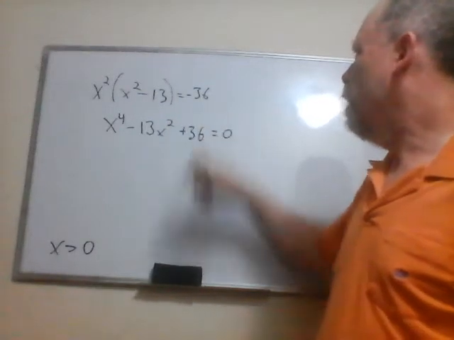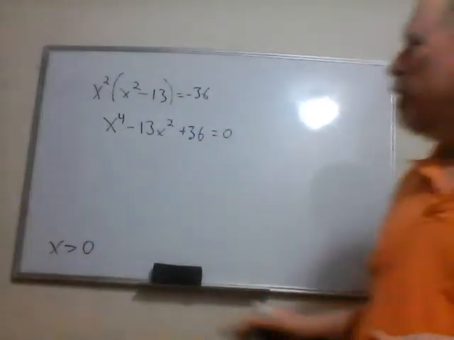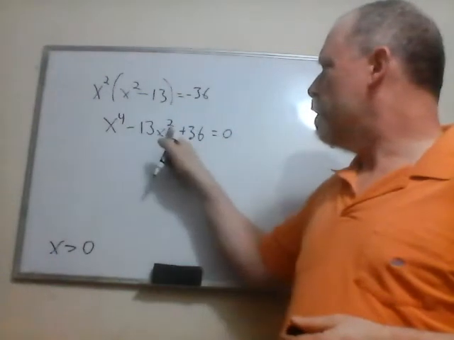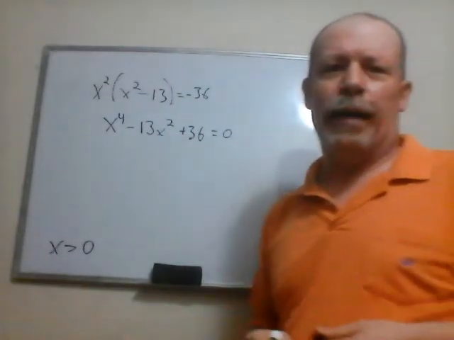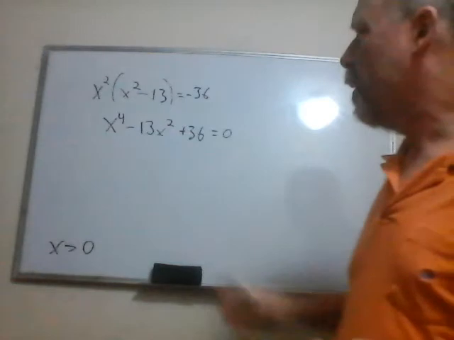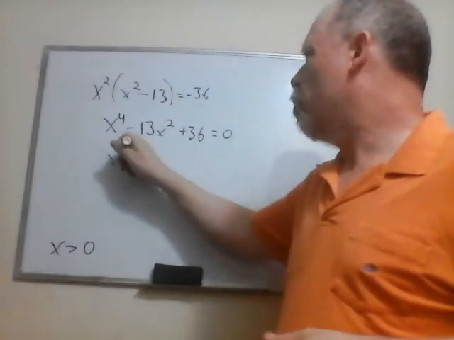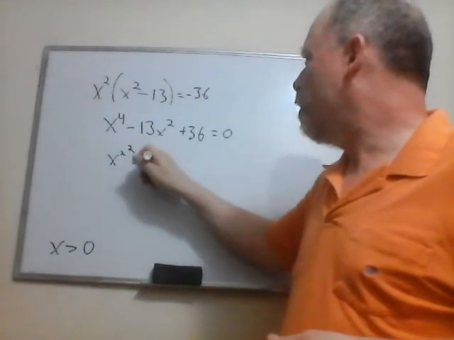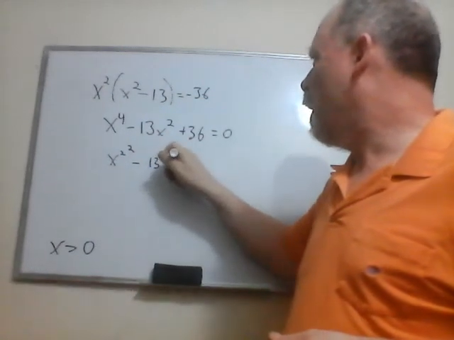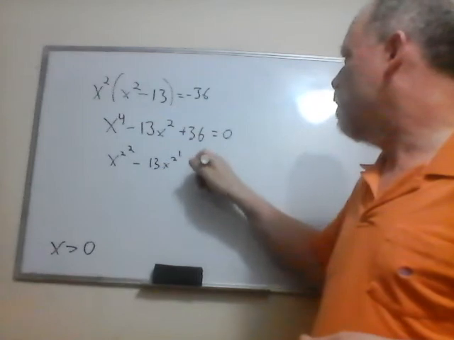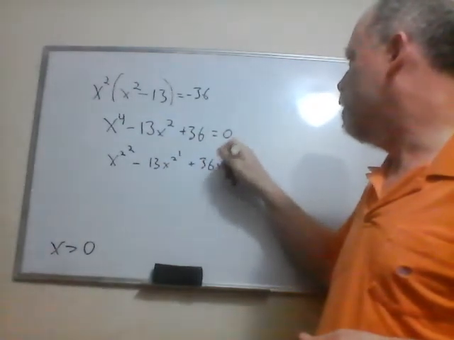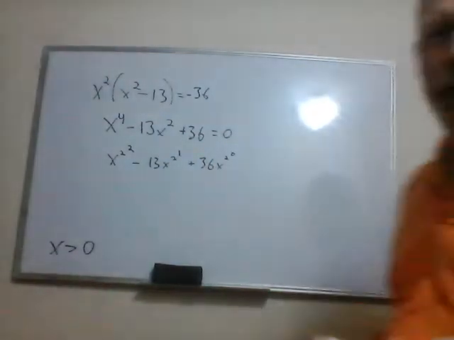There, equals 0. And I say, but teacher, there's a 4 and a 2. That's one way to look at it. I'm going to look at it like this: x squared squared minus 13 times x squared to the 1 plus 36 times x squared to the 0, which is how I look at everything.